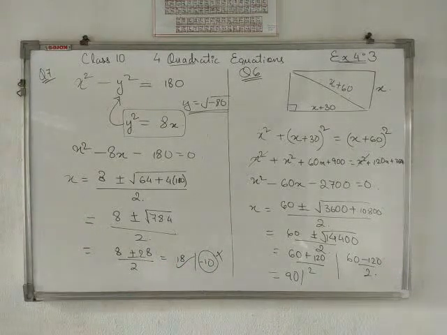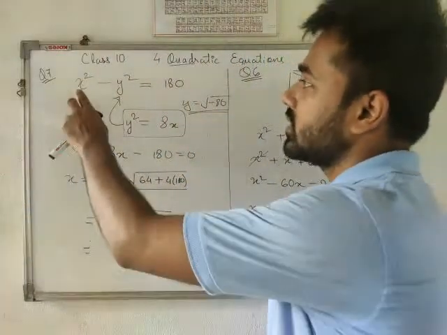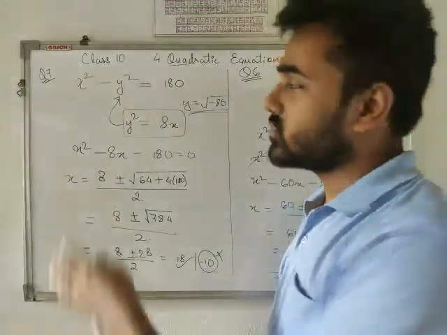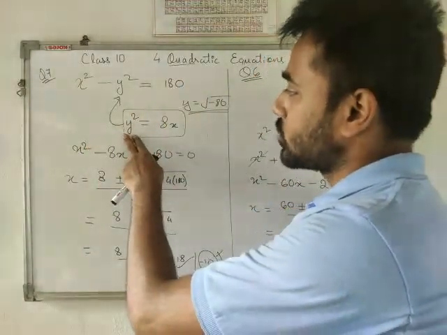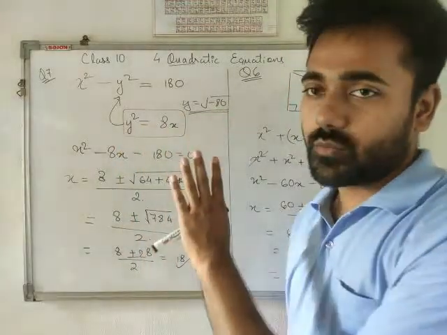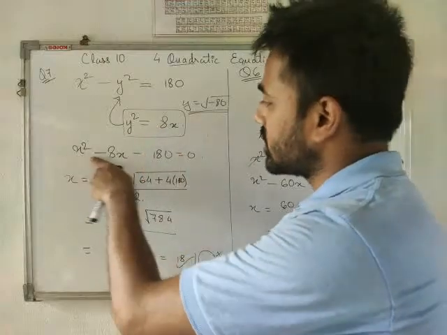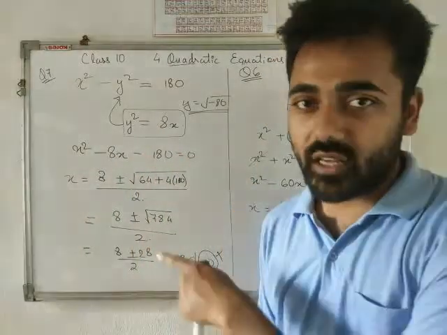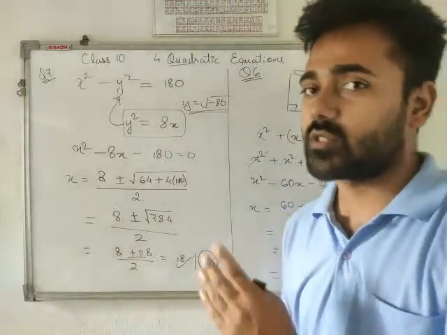I hope you have understood this one. It was a simple logic, very simple logic. The difference between the squares was given, so I created a two-variable equation. Then the square of the smaller number is 8 times the larger number. By using this equation, we obtained our final quadratic equation. By solving this, we obtained two numbers, one negative, one positive.